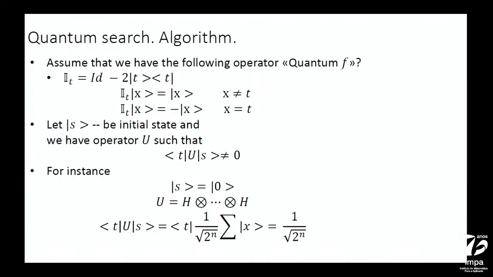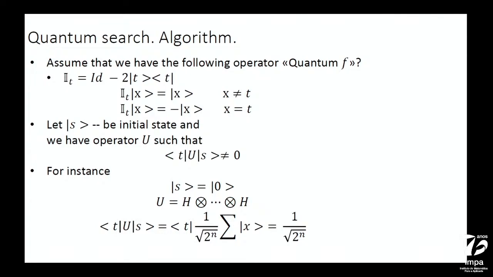That's how it works on basis states, on pure states. I could consider this as the definition of my operator. How I can get it is a question for later. Assume that I have it, but I don't know t. I can run such an operation on a quantum computer, but I don't know t, and my goal is to find t.